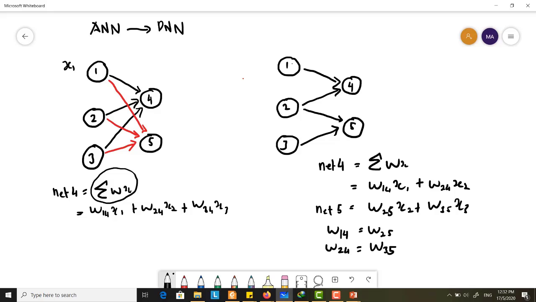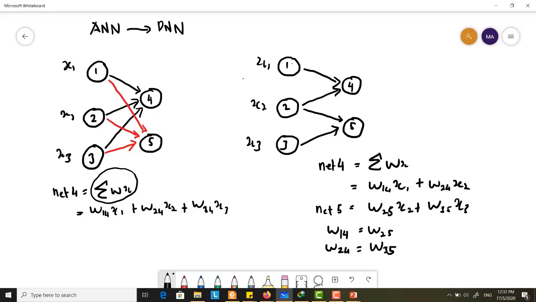Okay, X1, X2, X3. This one is multiplied with X1, W24 multiplied with X3 plus W34 multiplied with X3, to find your net 4.